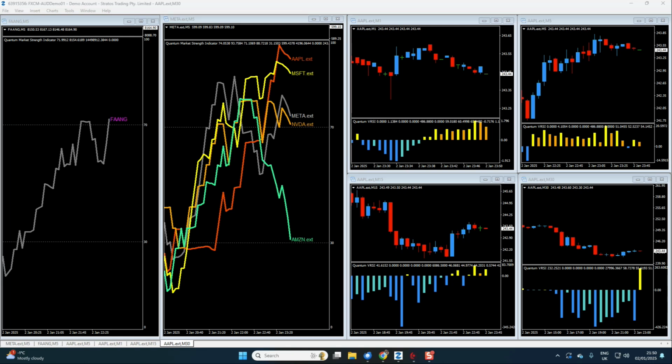Or it could be more significant, in that Amazon is leading the way for the other associated stocks to also fall, so it could be a precursor to a strong move lower. Alternatively, Amazon may be lagging behind the others. We have to see, but it's telling us that something is amiss. There is something unusual with the Amazon stock as opposed to the other 4 that we can see on our MSI, certainly on the 5-minute time horizon.